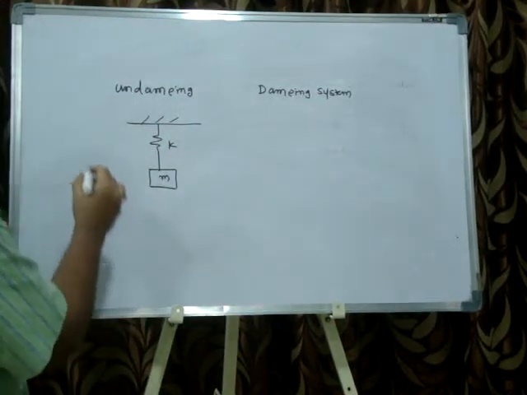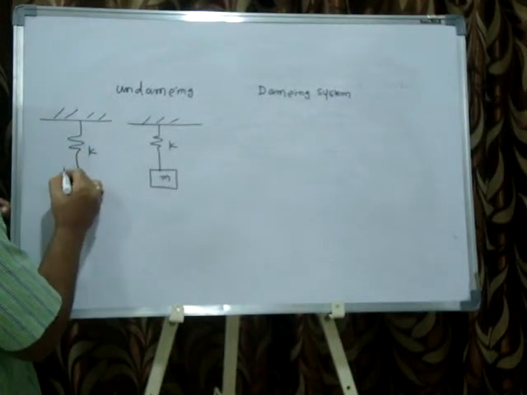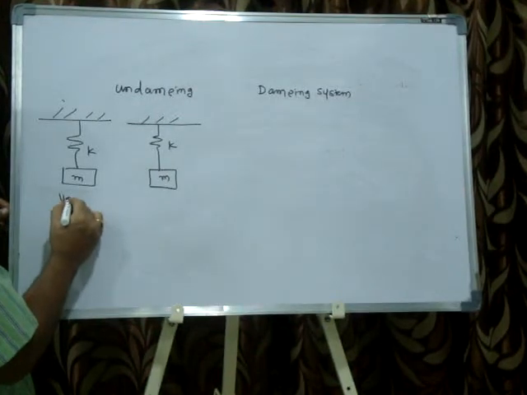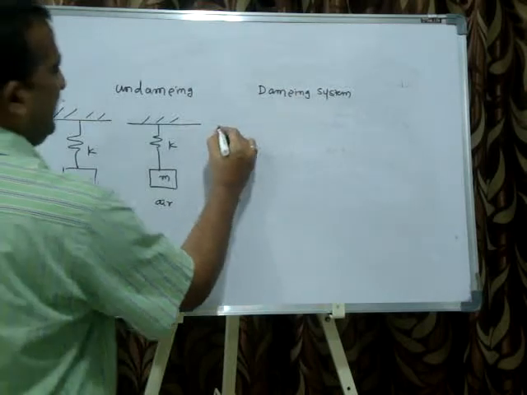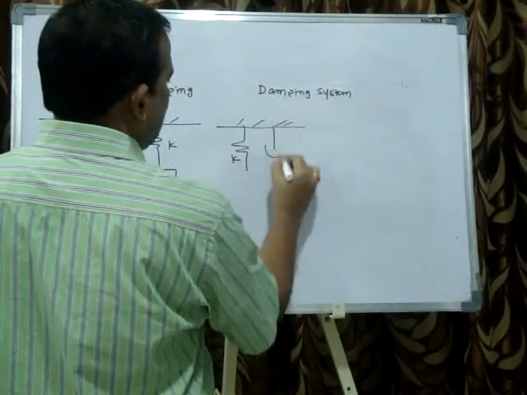I will take a spring mass system in two cases: a spring mass system in vacuum, and a spring mass system in air, which is the damped system.